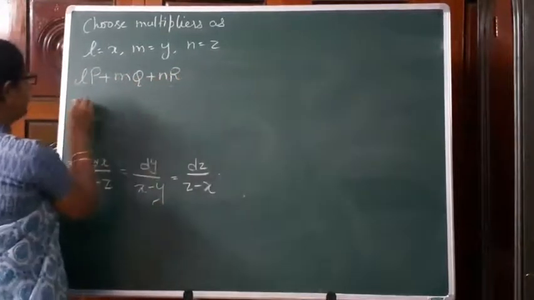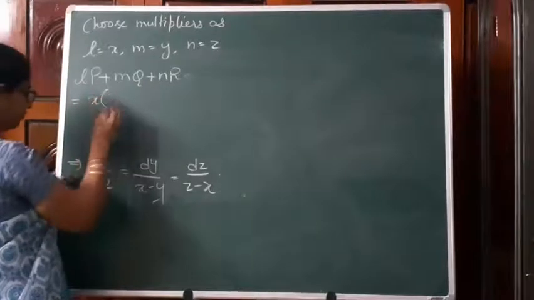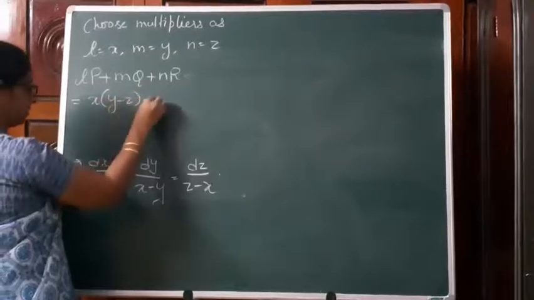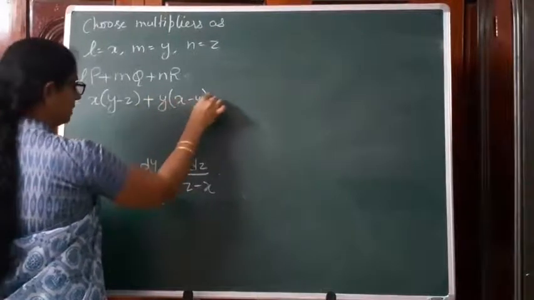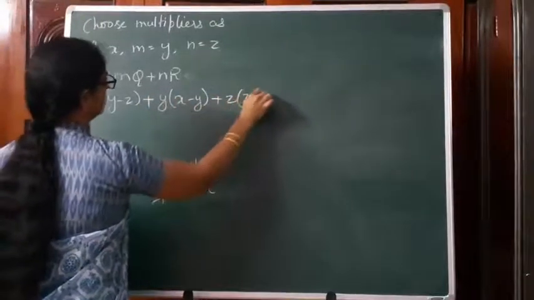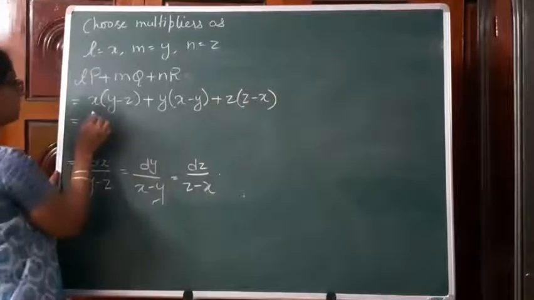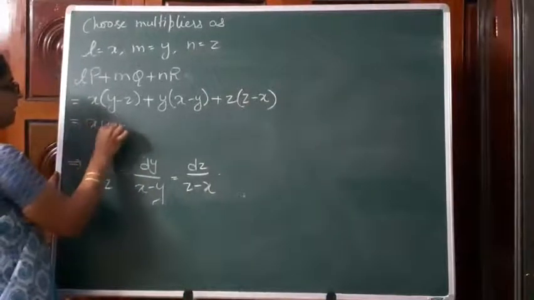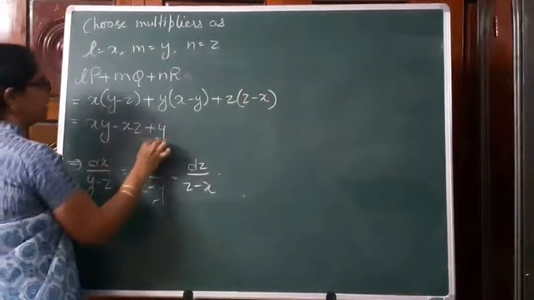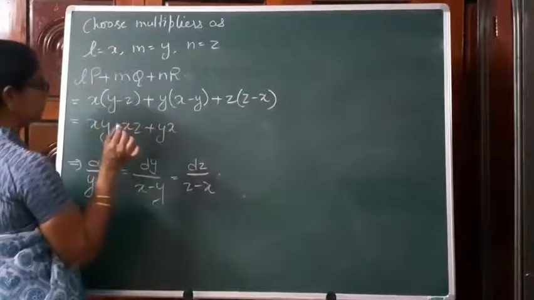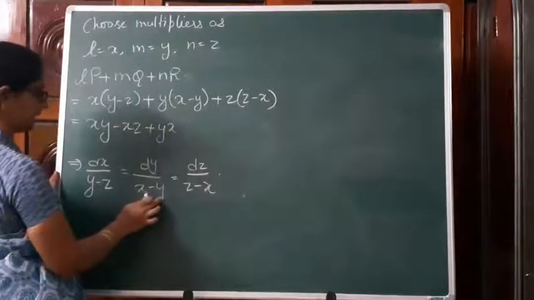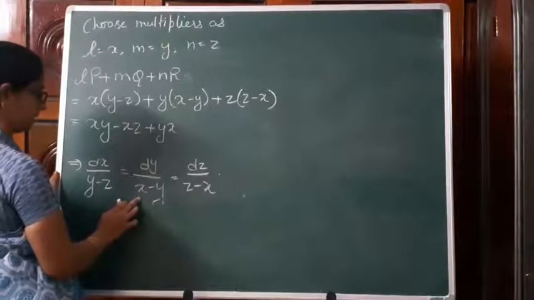What is lP plus mQ plus nR? x into (y minus z) plus y into (x minus y) plus z into (z minus x) is equal to xy minus xz plus yx. What did we get here? x minus y. Is this really x minus y?